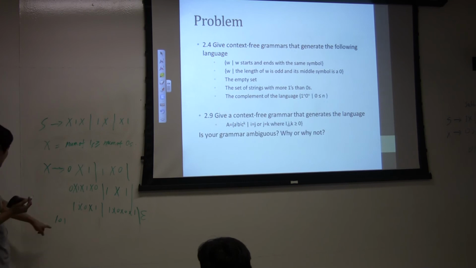We have to somehow say that the string in between has more zeros than 1s. Yeah, this is very ugly.